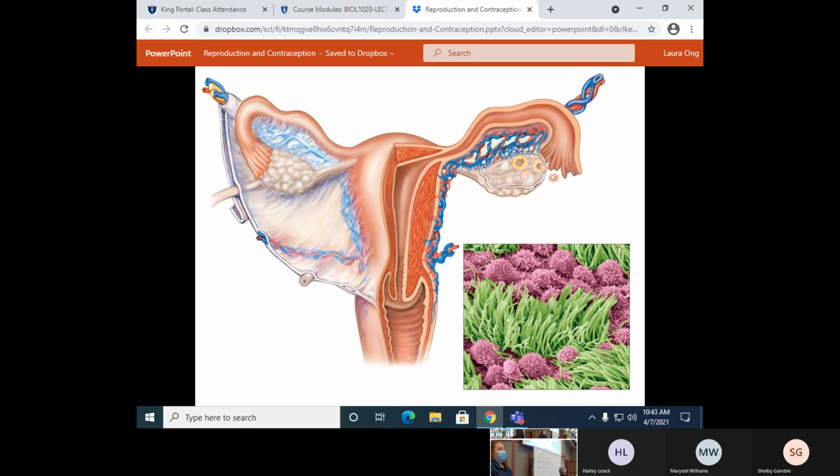And if there is not a fertilized egg that needs it, the lining is gotten rid of by the process of menstruation, which is having the monthly period for women.